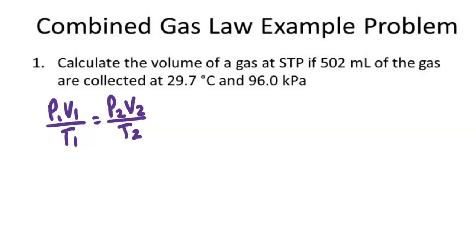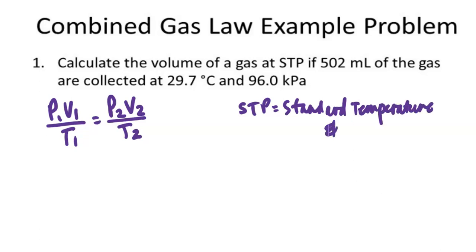In this particular problem, we're being asked to calculate the volume of a gas at STP. And so let's briefly describe what STP is. STP refers to standard temperature and pressure.